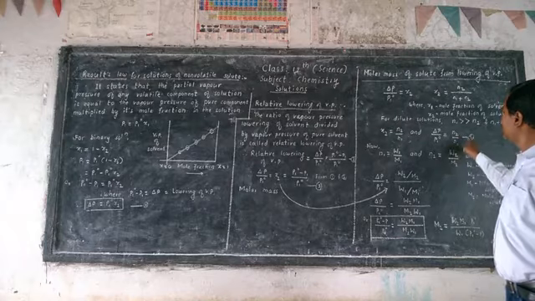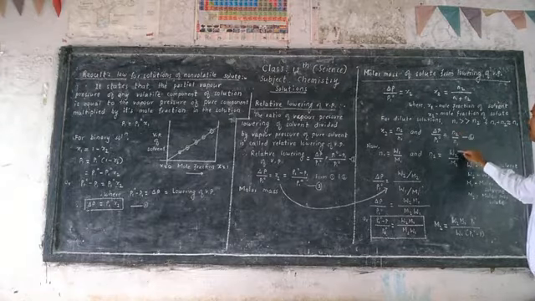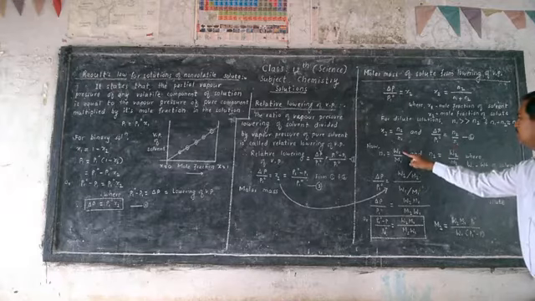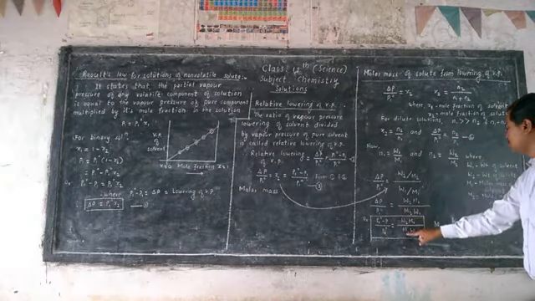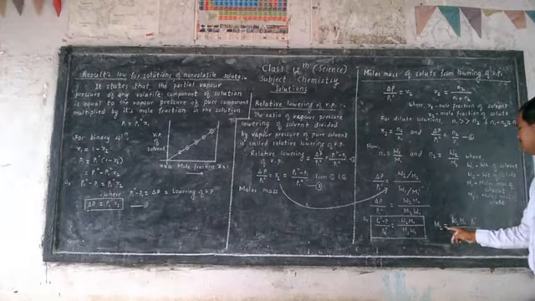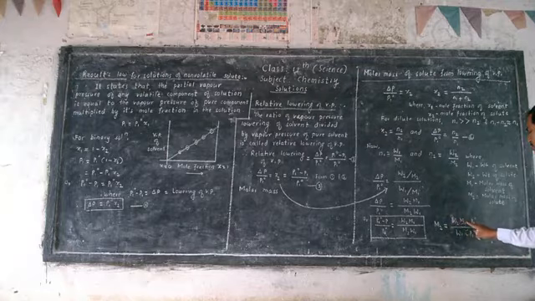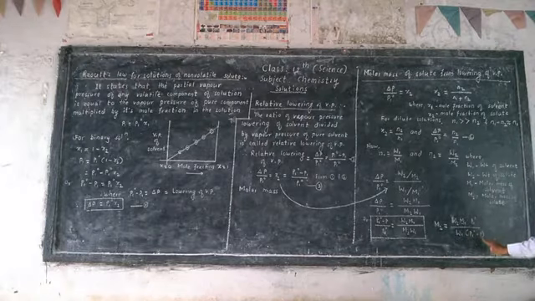Putting in N2 as W2 upon M2 and N1 as W1 upon M1, by solving this we get the formula M2 equals W2 into M1 into P1° upon W1 into (P1° minus P). Thank you.